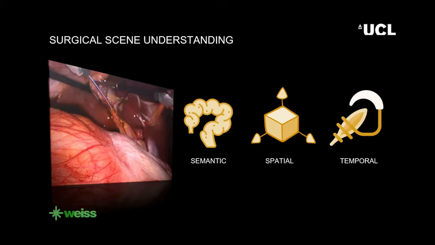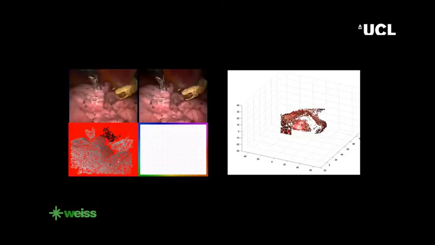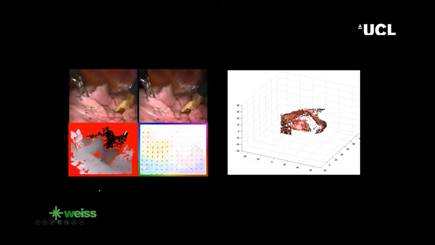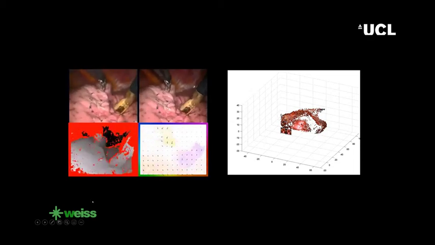I'll start with the spatial domain because it's one of the earliest that I personally worked on and that my team has invested significant time and effort in. In the spatial context, we essentially want to extract information about the geometry and the motion of the surgical site. I'll play this video that provides an example of the type of data we can extract from a stereo laparoscope.